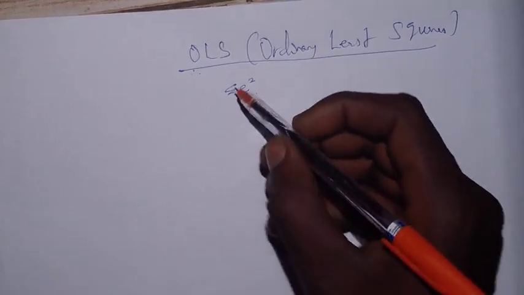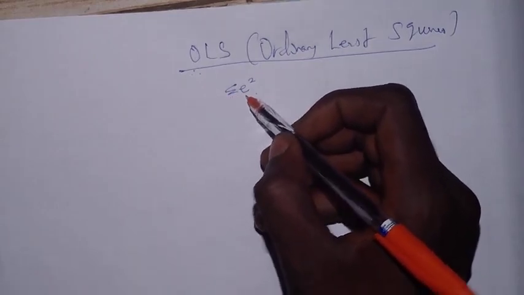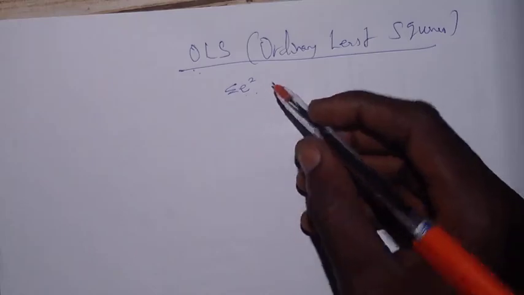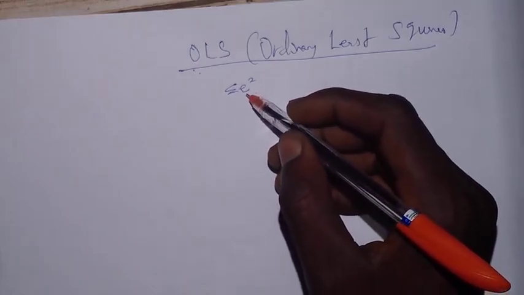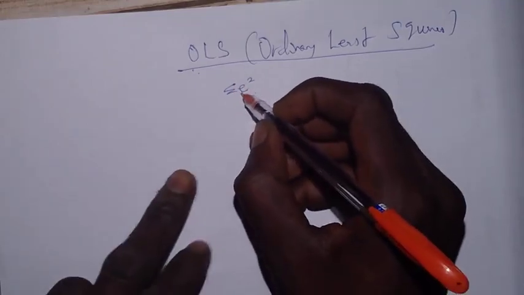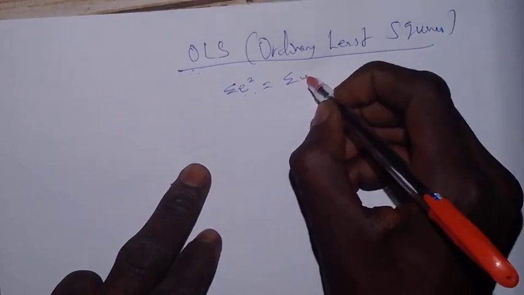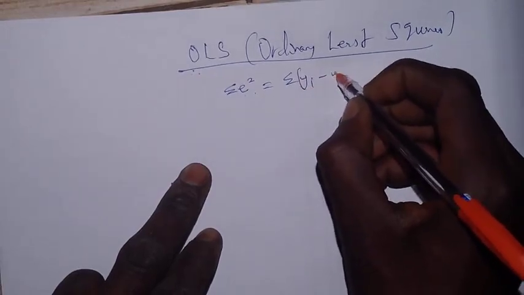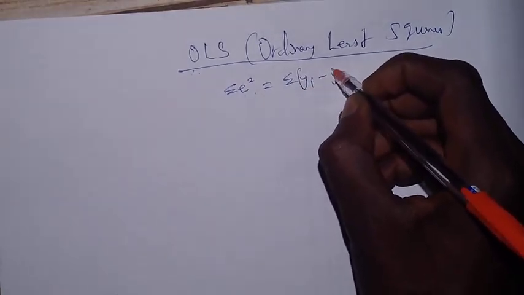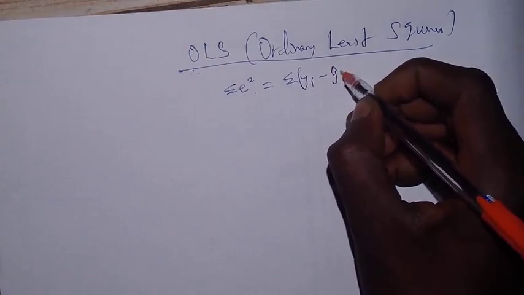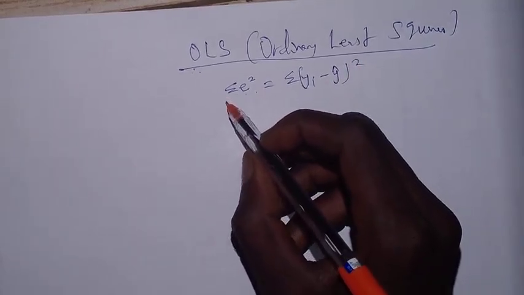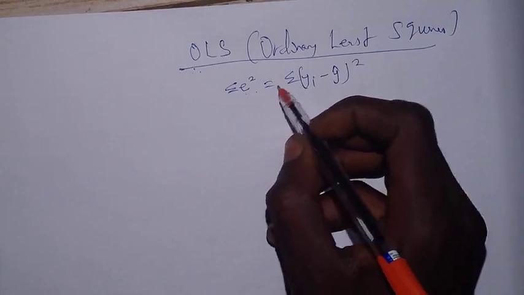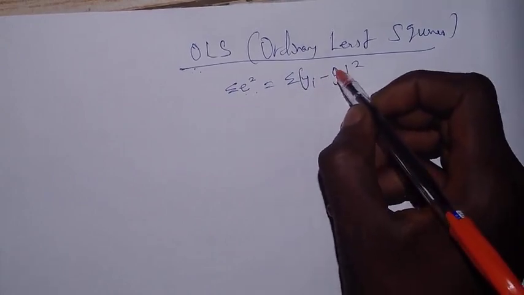There's an OLS criterion which says that for any given data, the simple regression equation can be such that summation e squared equals summation (yi minus y cap) all squared. This is the OLS criterion.